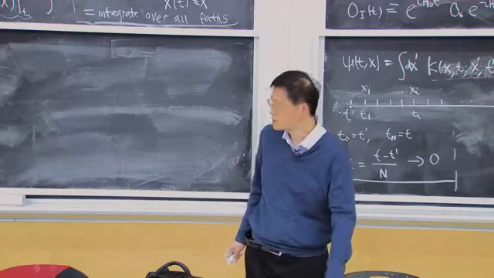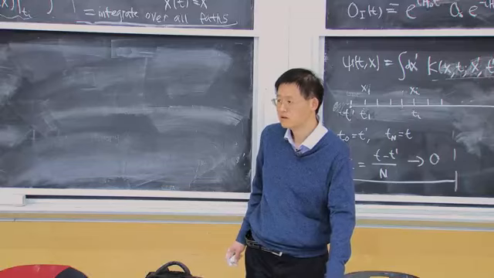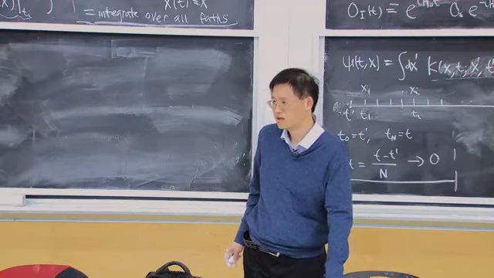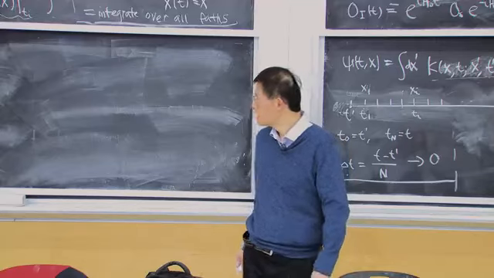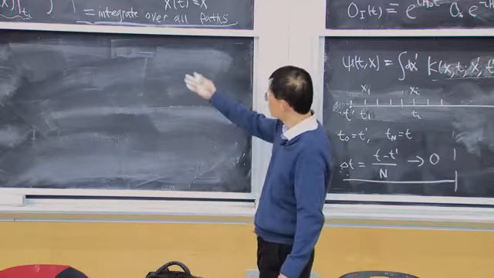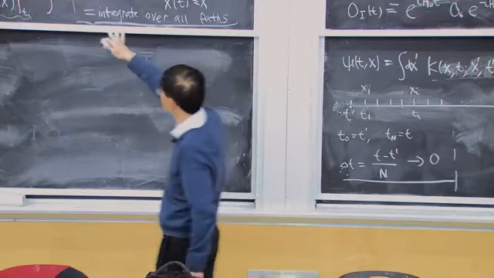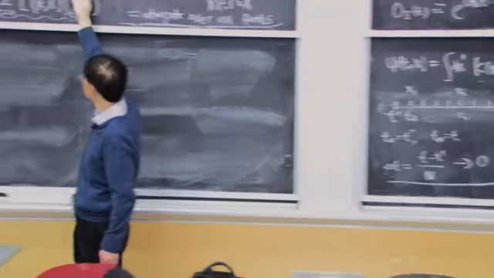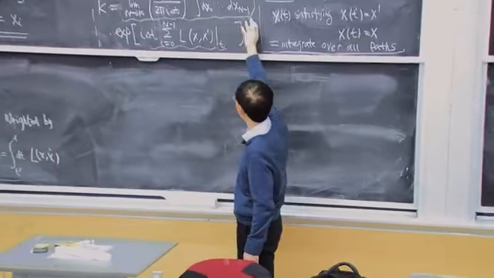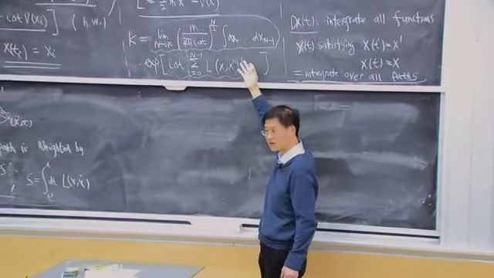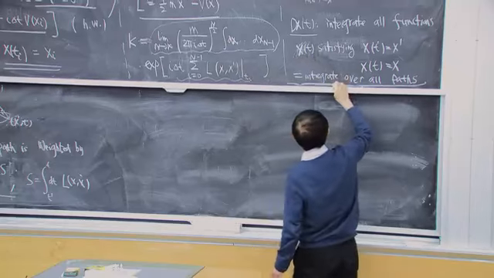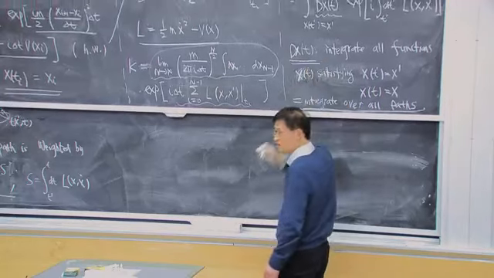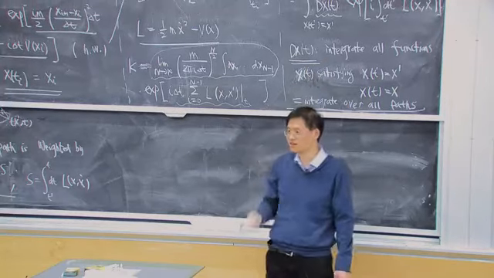Good, any questions on this? Yes? Are there constraints on what paths we integrate over? Does it have to be differentiable? Yeah, this is a good question. To make this quantity rigorous is not easy, and that needs lots of mathematics, so we will not go into there.